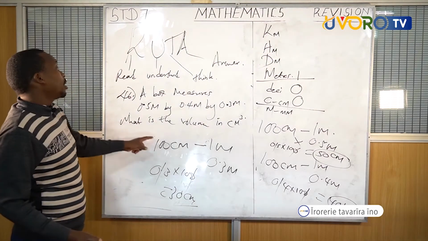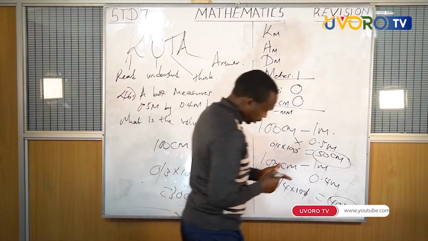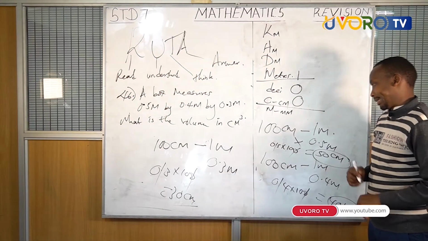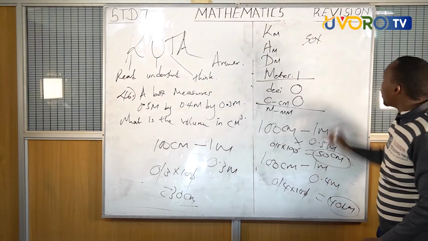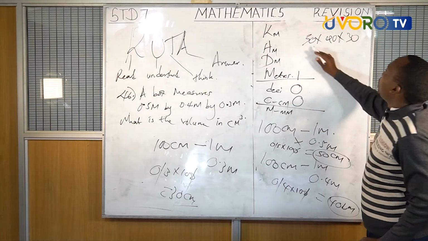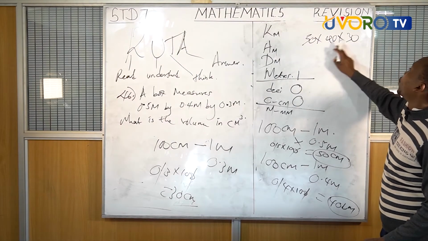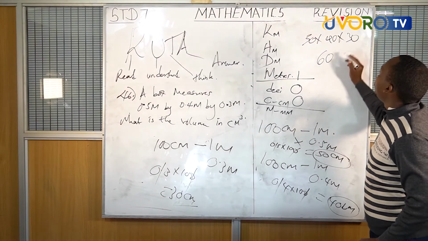Now, you are told, what is the volume? Volume is gotten by length times width times height. So it is 50 times 40 times 30. 5 times 4, 20. 20 times 3, 60. And these 3 zeros.